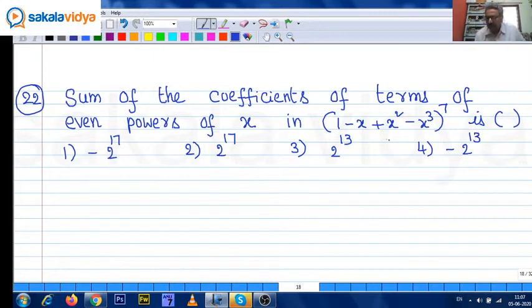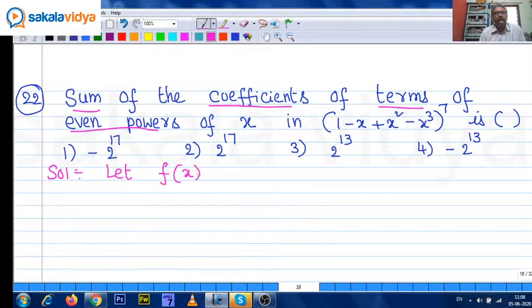Okay, right. So now the sum of the coefficients of the terms of even powers of x in this expansion. So first let us say f of x equals, because there is only one variable, 1 minus x plus x square minus x cube raised to 7.